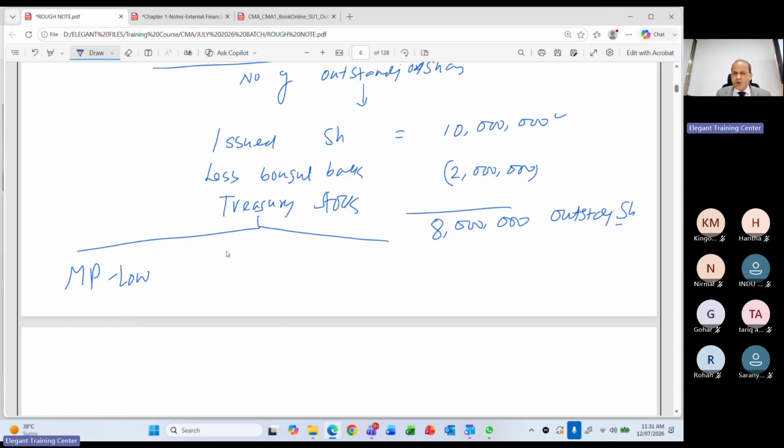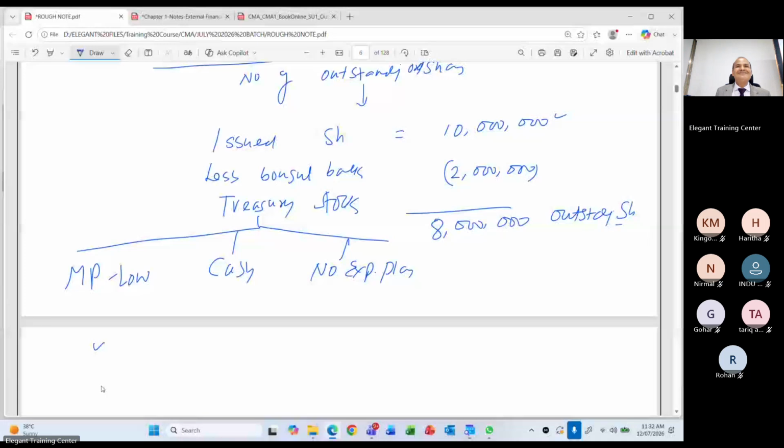Number 2, the company has enough cash and there is no expansion plan, for example. The company has too much cash. What will they do? They will buy the shares at a low price. Clear or not?